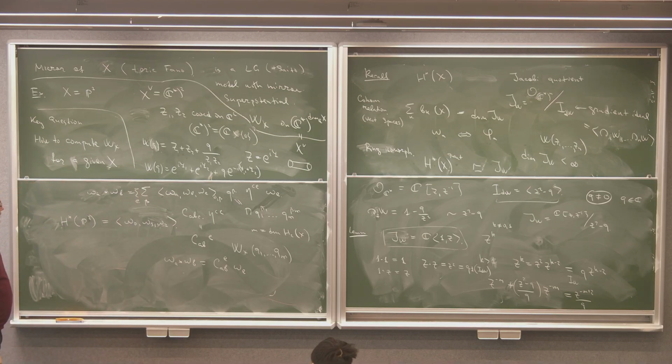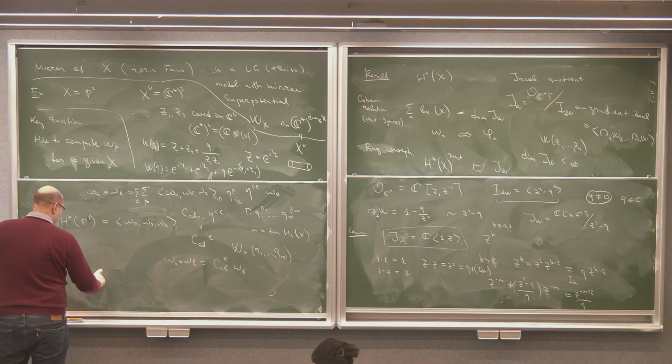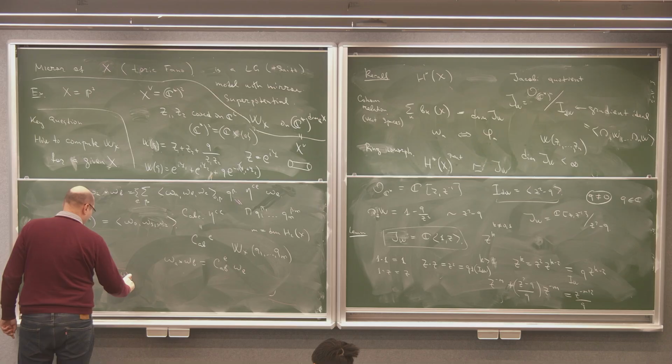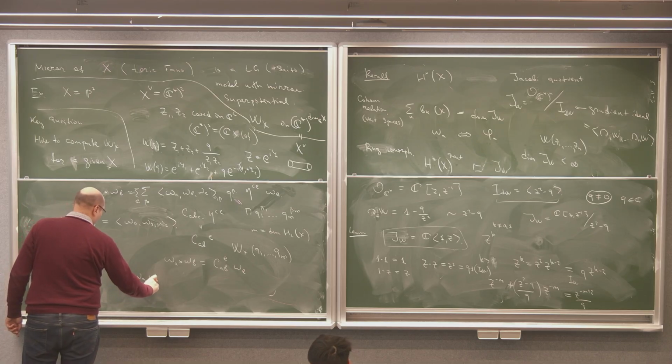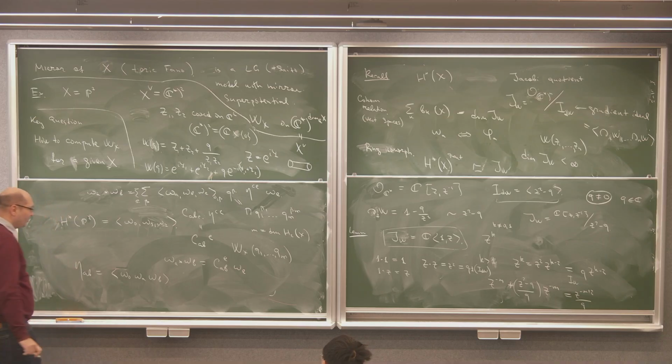Previously we mentioned that in the P2 case, eta is the same as C0. So eta AB is omega 0, omega A, omega B, so it can also be computed.